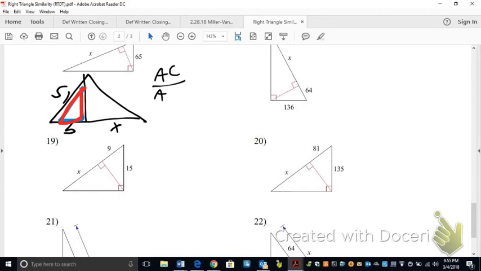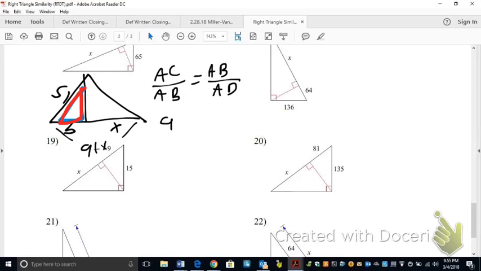So, red triangle. AC over AB equals AB over AD. AC here. Again, we need to add the two together. So notice what I did here. Even though 19's pointing the other way, what I did is actually sketched it and rotated it.